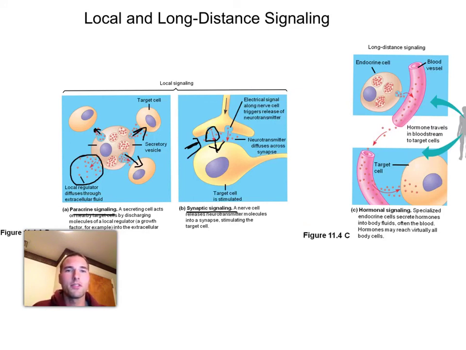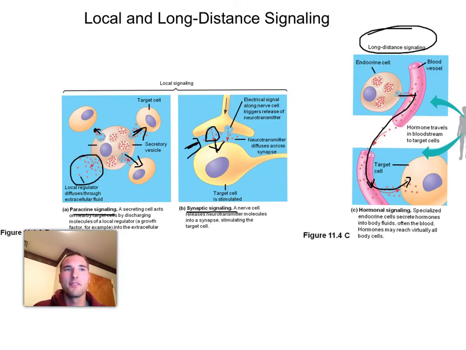Then the other type of signaling that we have is long-distance signaling, and the most common of these would be hormones. Hormones would be produced in one part of the body and then carried by the blood throughout the entire body. And if they hit cells that recognize whatever the signal is, then they will do something about that. One of the examples here is the hormone testosterone.